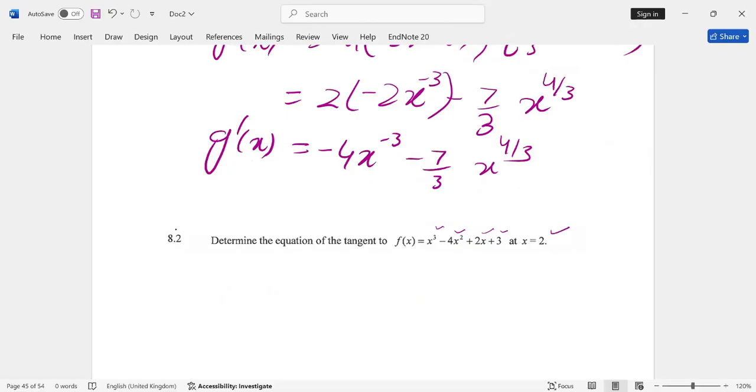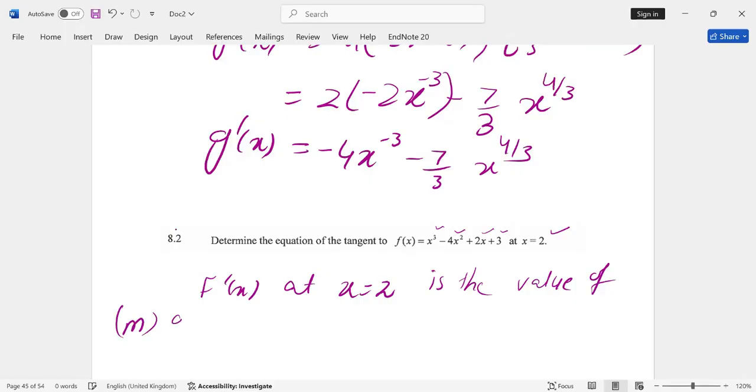As you know, the equation of the line is y equals mx plus c, and we need two things, the gradient m and the coordinates of the point. So the gradient m is the value of the derivative f prime of x at x equals 2. Okay, this is the gradient.